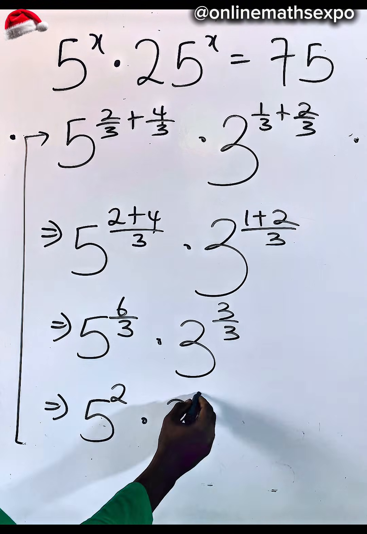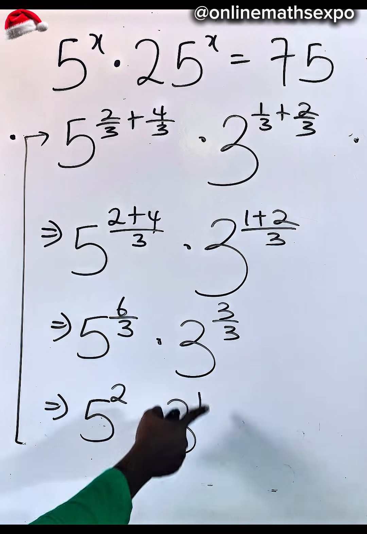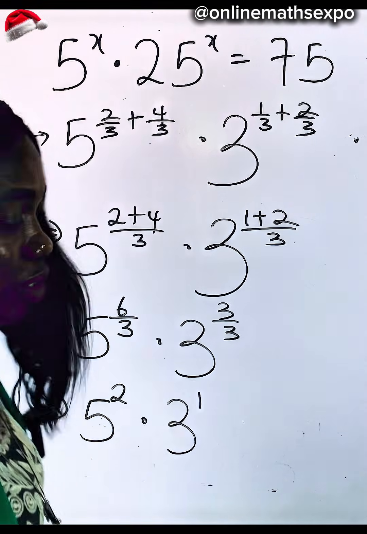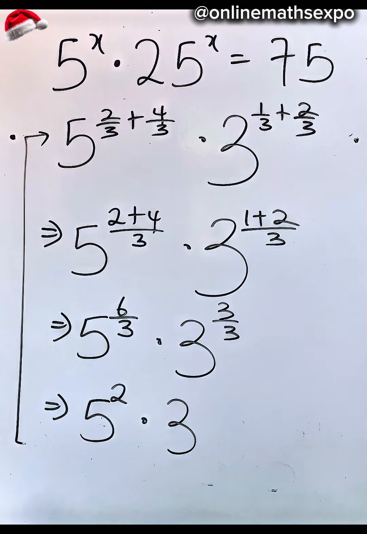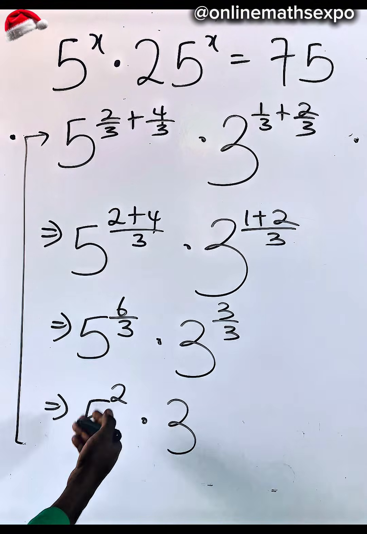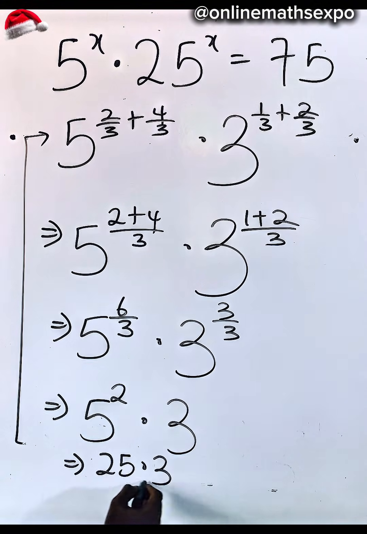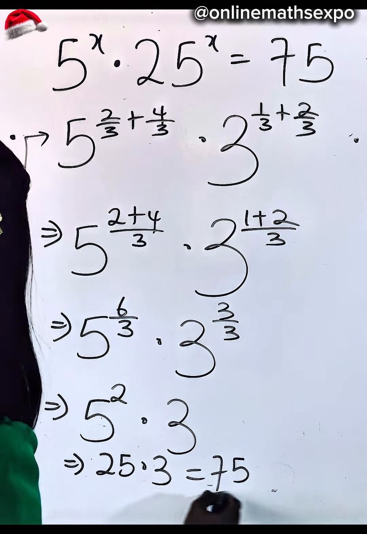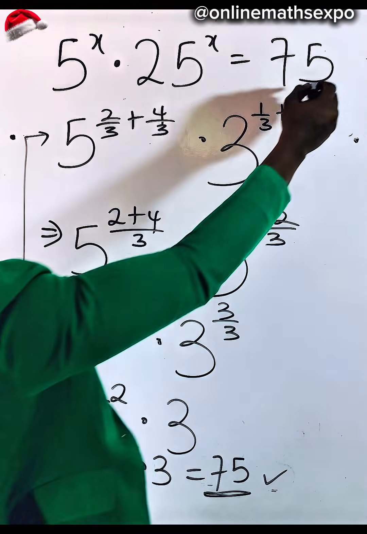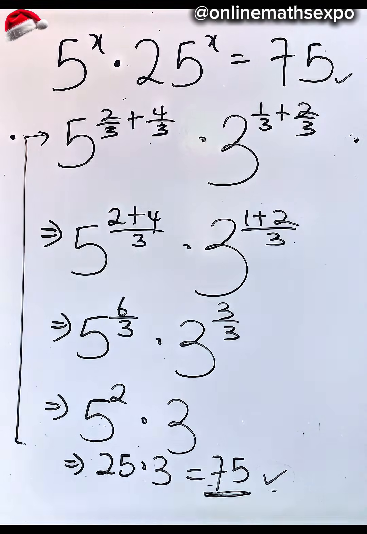And this is 3 to the power of 1. And you know, when you raise a number to the power of 1, it's the same number. So we have 3. And 5 squared, as you know, is 25. So we have 25 multiplied by 3, and that gives you back 75, which is what we have at the right side of the equation.